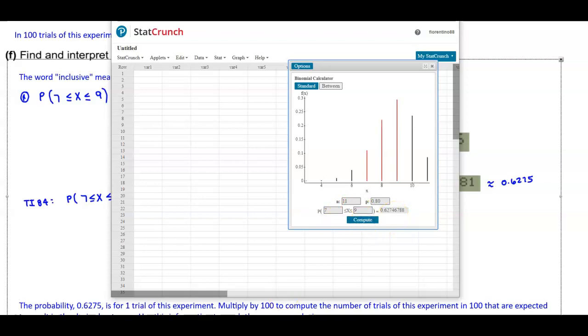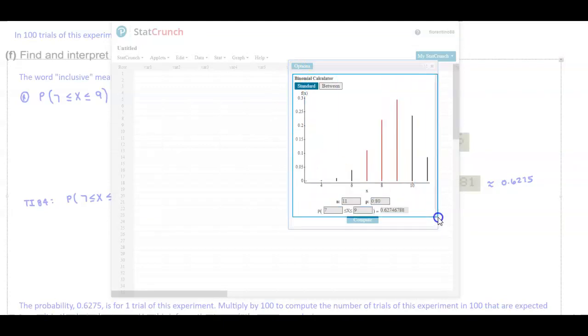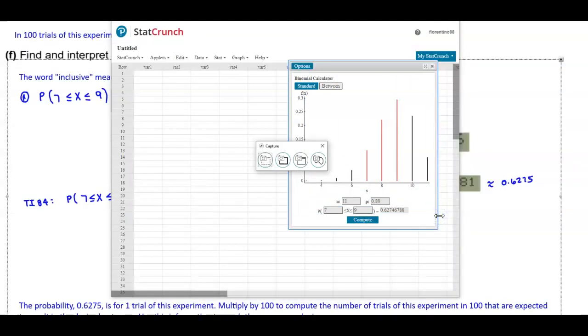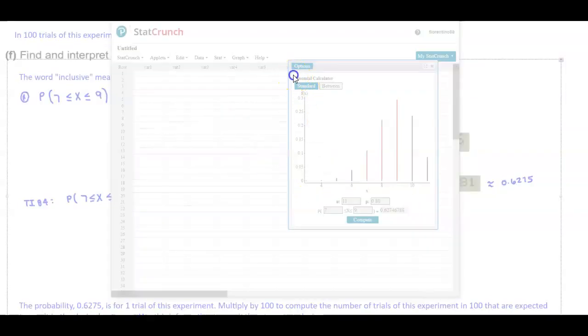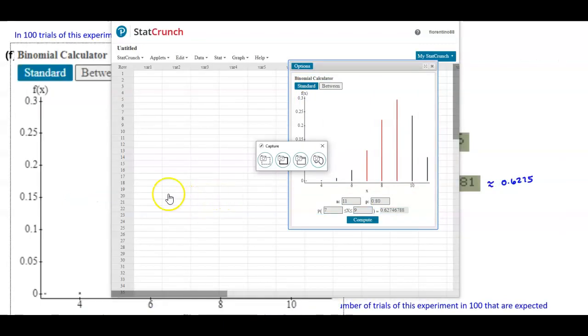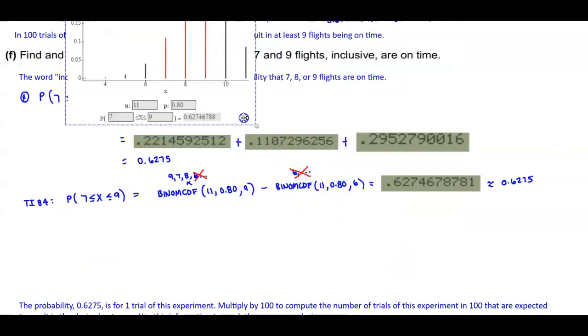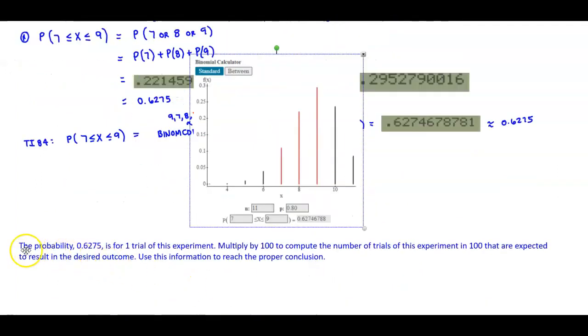So select compute, and then we can get our results rather quickly using StatCrunch. So there is our StatCrunch way of getting our information.